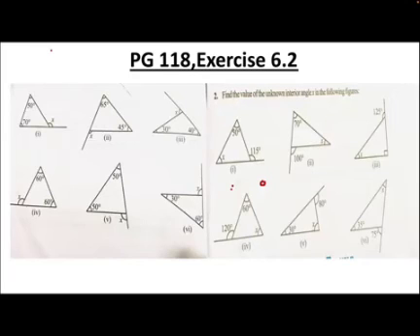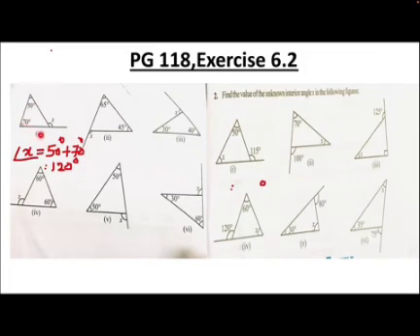Now, on this page, in exercise 6.2, you have all these questions, children. I have solved 1 or 2 problems. You can solve the rest in your notebooks. They are very, very simple. In this I have shown you angle X equals 50 plus 70.